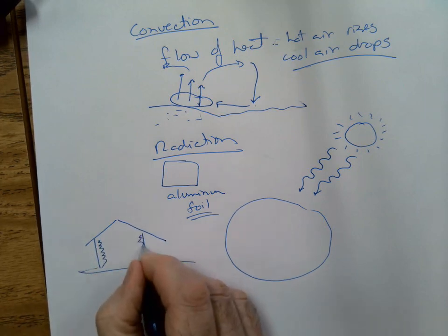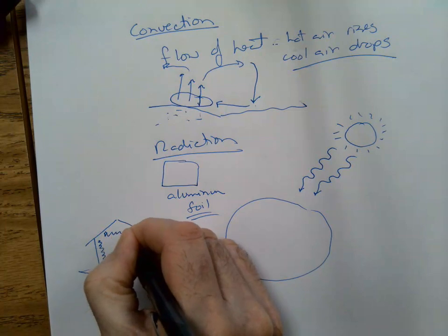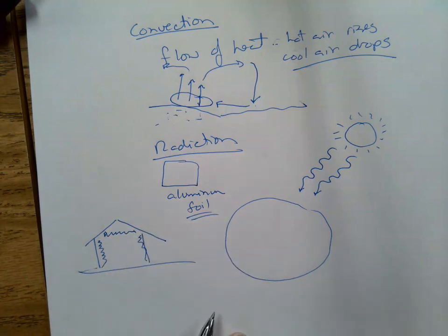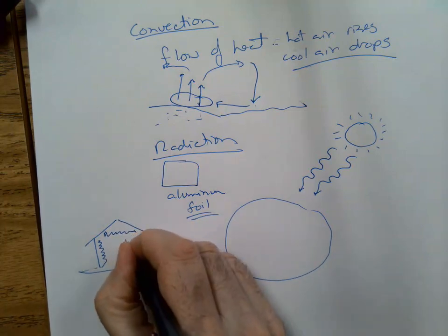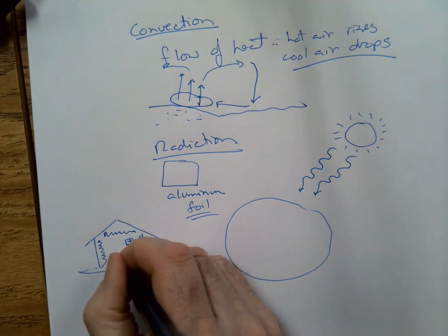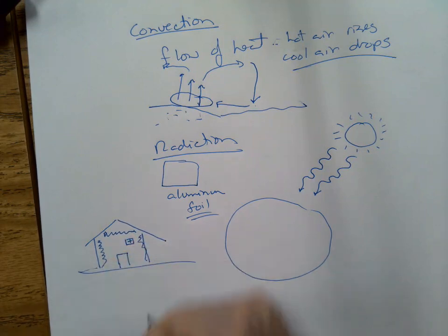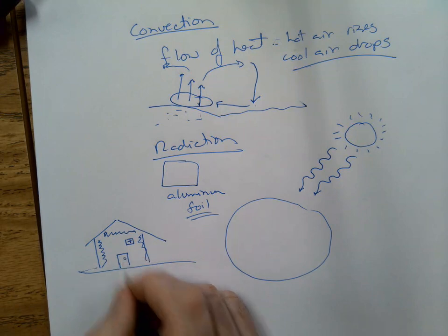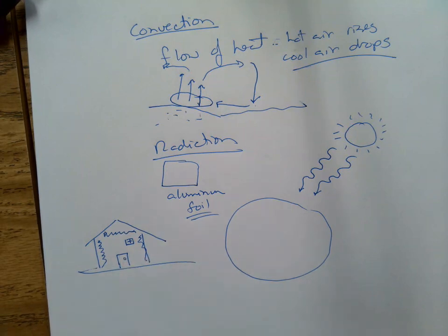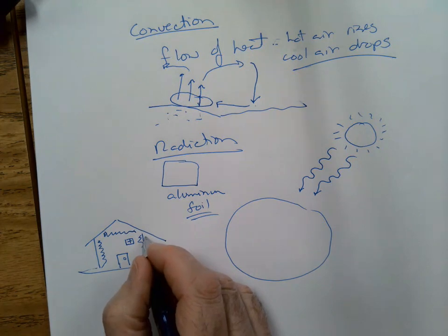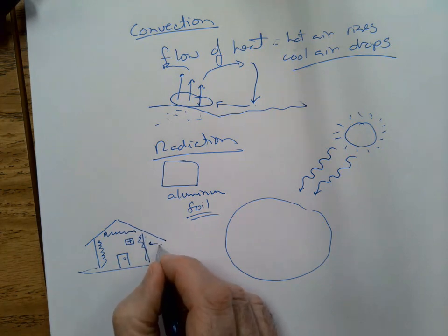Insulation in the walls and up in the ceiling to stop conduction. They will have airtight windows and doors to stop convection. And if there's new construction going on in your area, look at the outside of the houses. Now with the insulation they're putting shiny backing on it.